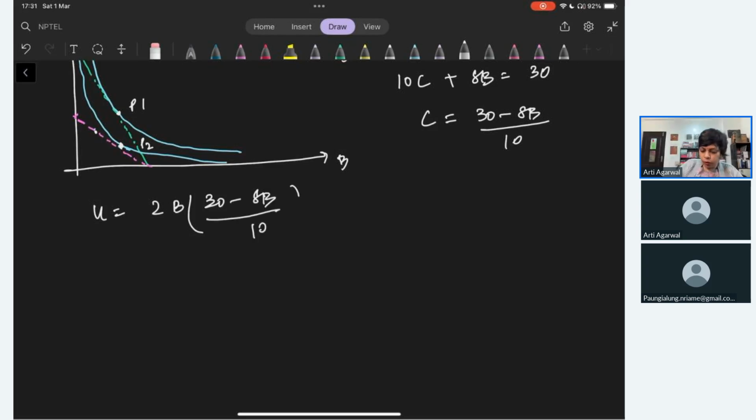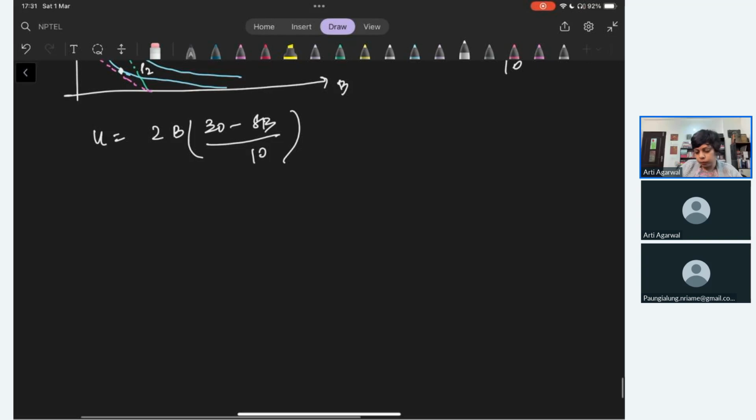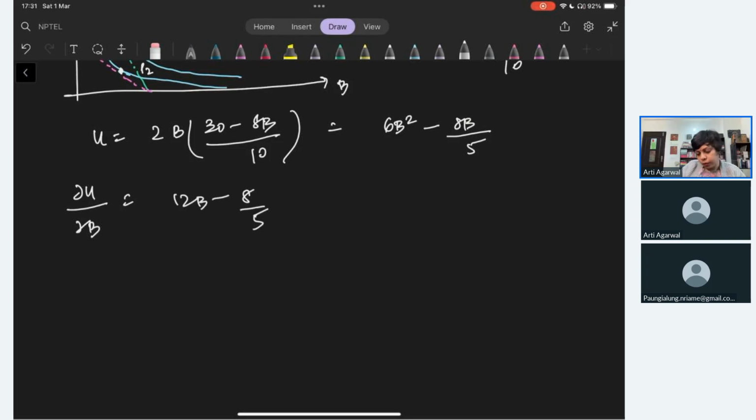You solve this, it simplifies to 3 into 2, 6B square minus 8B by 5. Instead of 16B by 5, this is 8B by 5. Del u by del b is equal to 12B minus 8 by 5 is equal to 0.